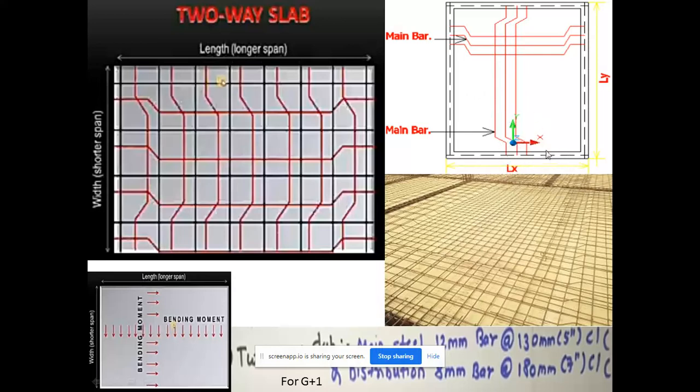Okay, so this is the same diagram with respect to a coordinate axis. This length is taken as Lx, this is Ly. As I told you, Ly by Lx should be less than or equal to 2 to consider this as a two-way slab.